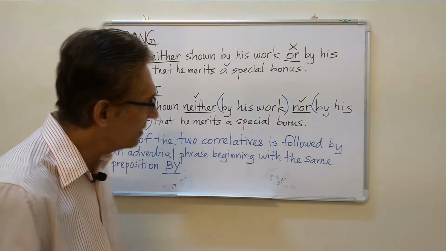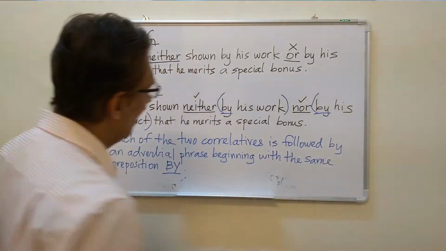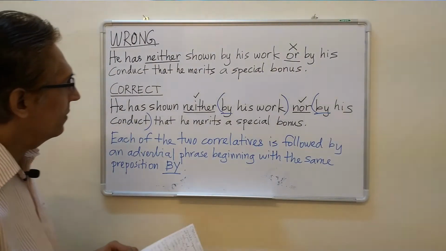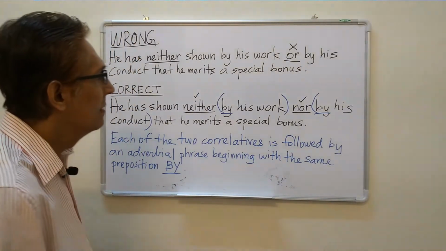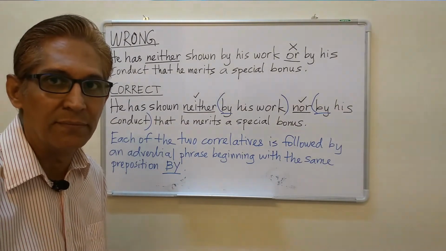Therefore, the balance of the sentence is maintained. By his work follows the correlative neither, and by his conduct follows the correlative nor.